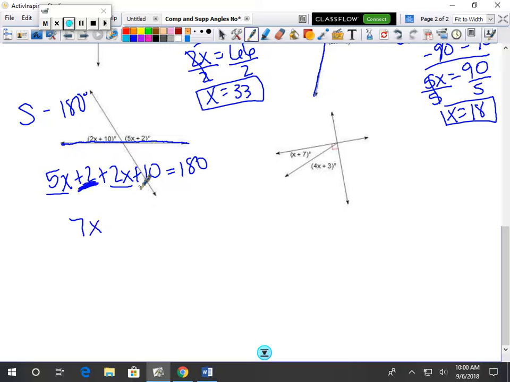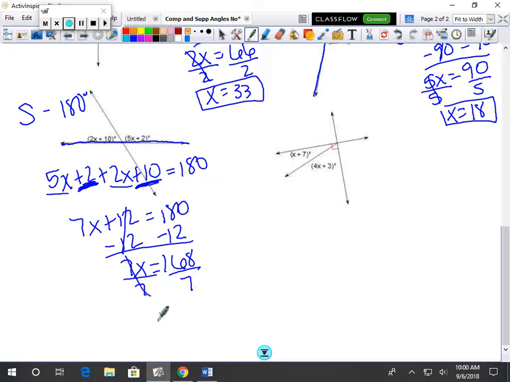A positive 2 plus 10 gives me plus 12. And that is equal to 180. I subtract 12 from both sides. 7x is then equal to 168. Divide by 7, and I get x is equal to 24.